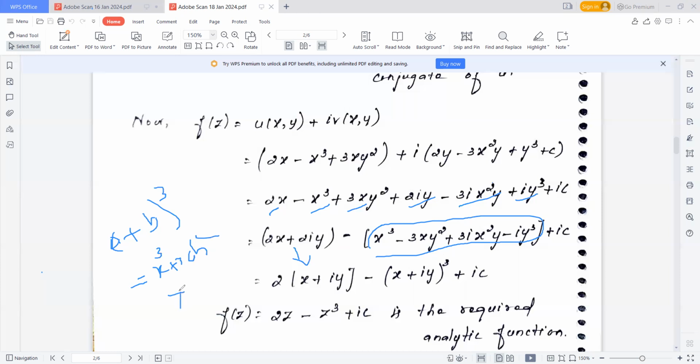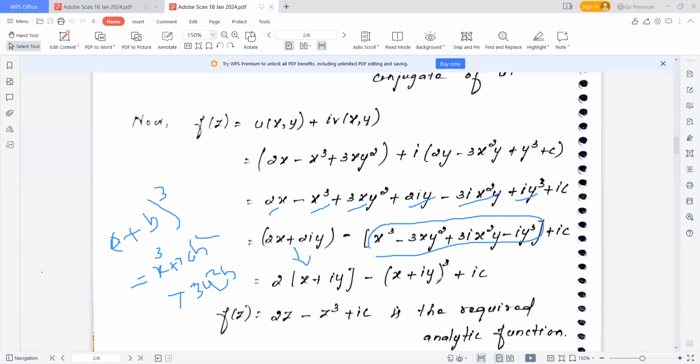The third term is 3a square b. So 3a square: a square is x square, b is iy. So 3ix square y. The fourth term is plus b cube. So b cube is iy the whole cube, which can be written as i square into i. i square is equal to minus 1.